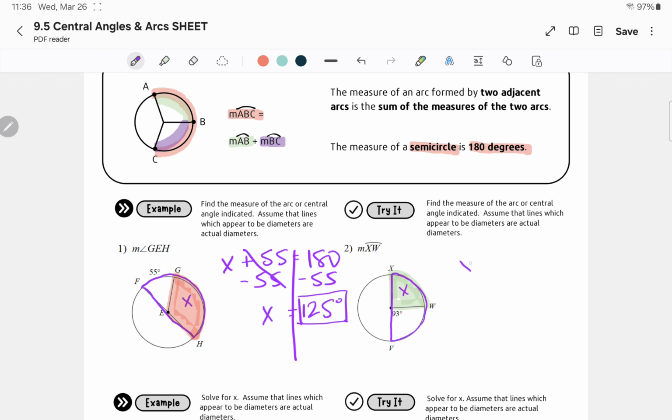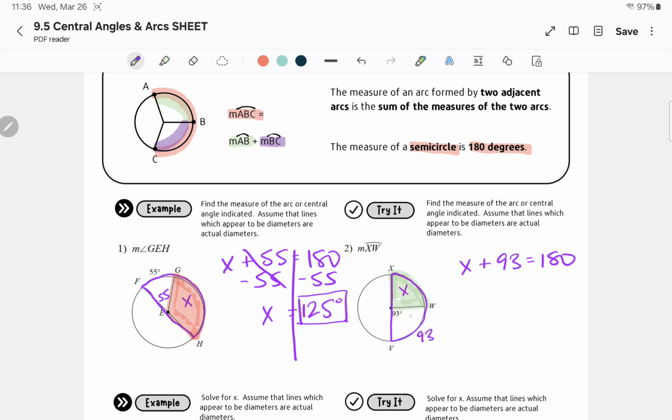So we know that X plus 93 is equal to 180. Again, I mentioned it very quickly, but I'm going to mention it again, that the arc and the central angle are the same thing. So like this arc is 55, this central angle is 55. So this whole pie piece was 55. Over here, this central angle is 93, this arc is 93.